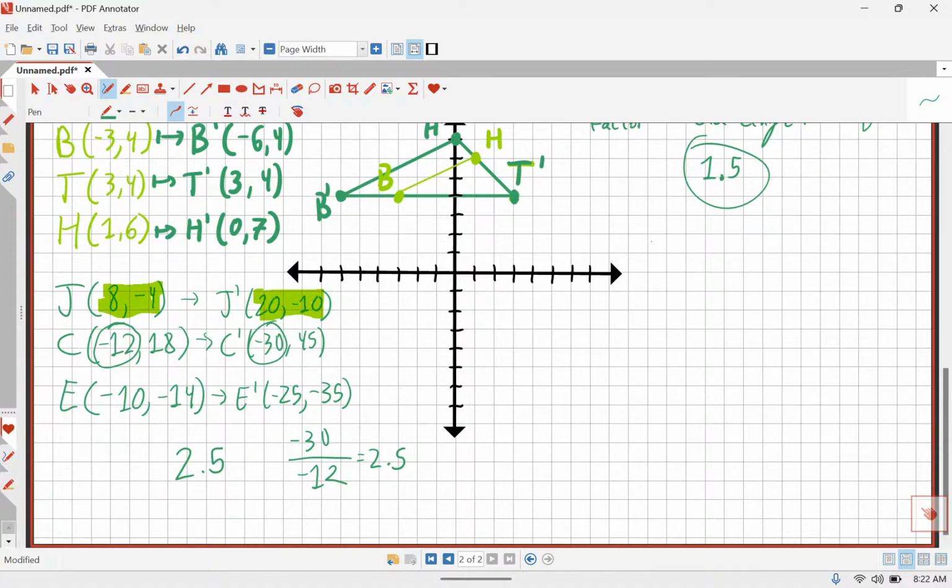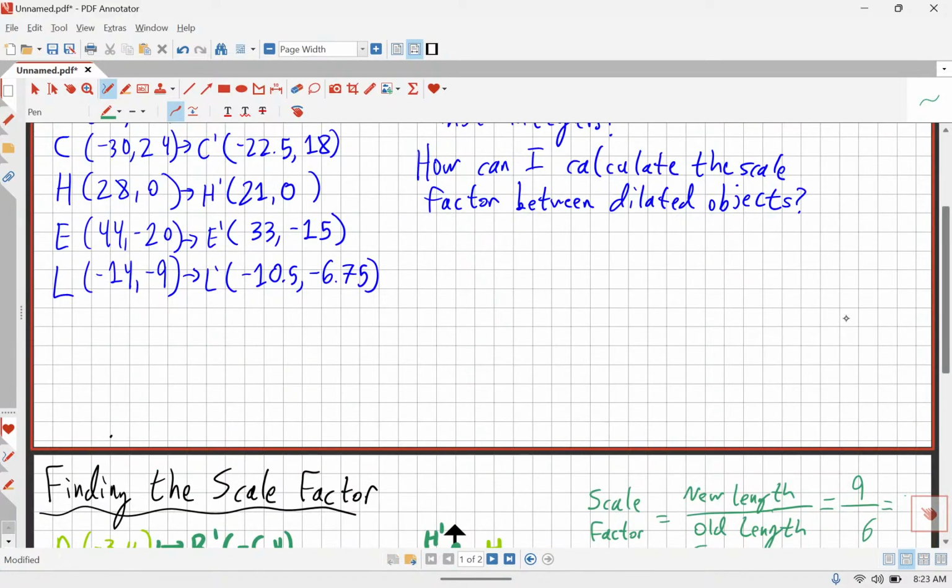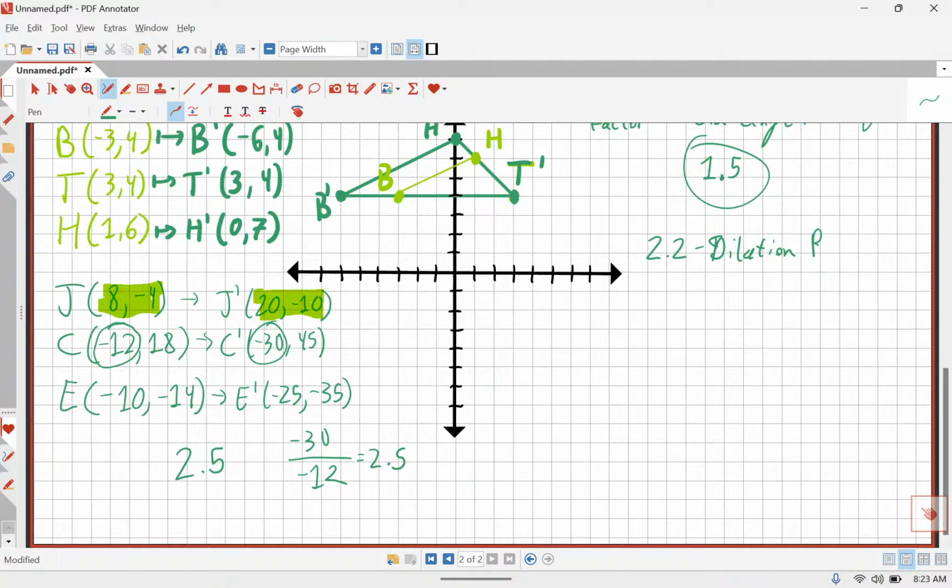So for tomorrow, guys, you can actually put 2.2 dilation review, which is fun to say. So tomorrow we're going to do dilation review. So go ahead and write that in your planner. It's not going to be today. It's tomorrow. And then on Friday, put down dilations skill check.